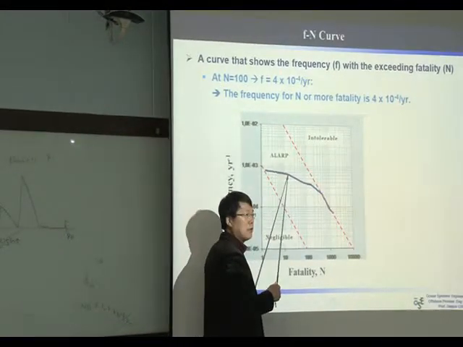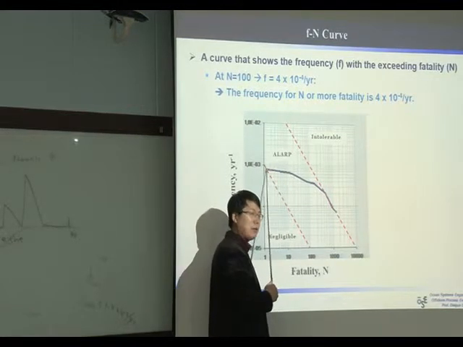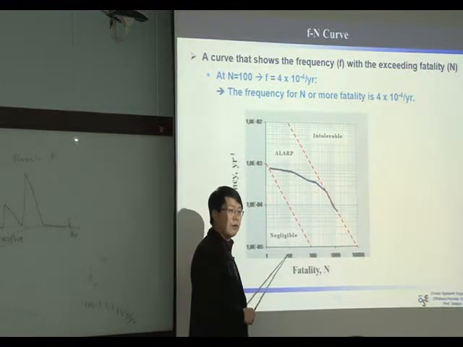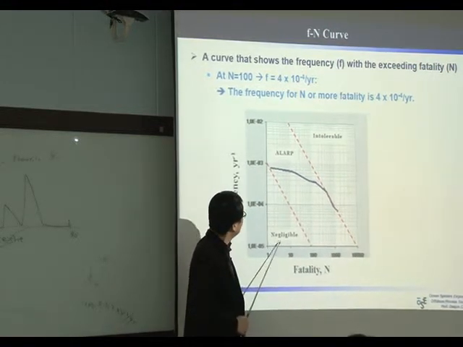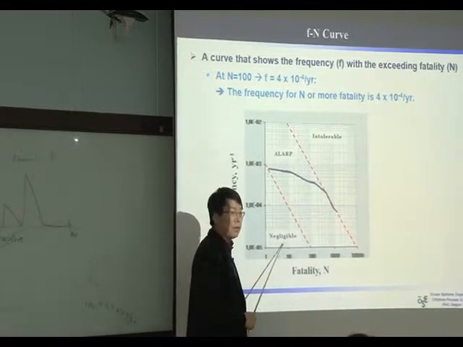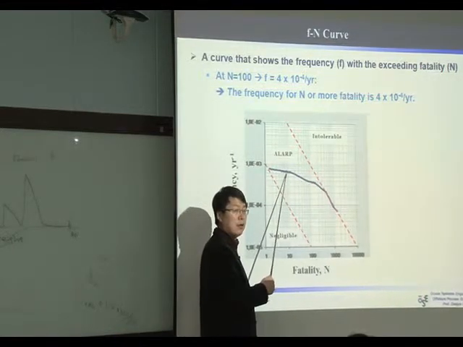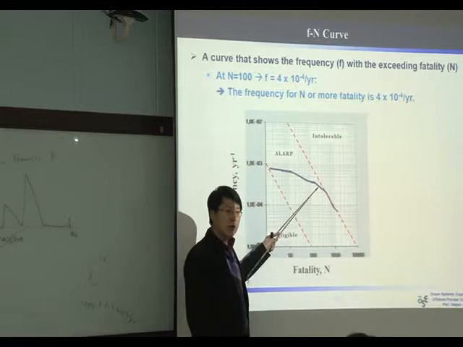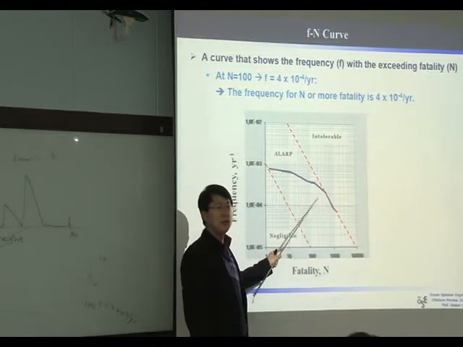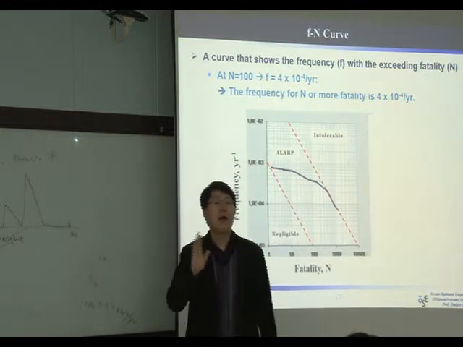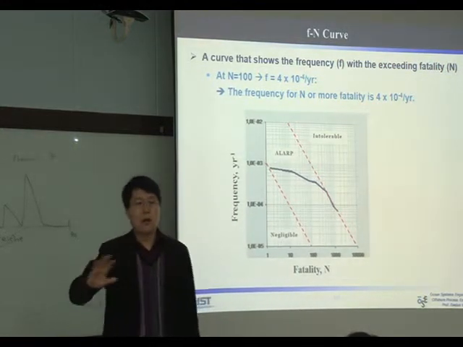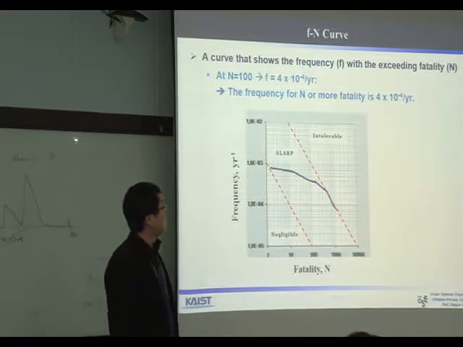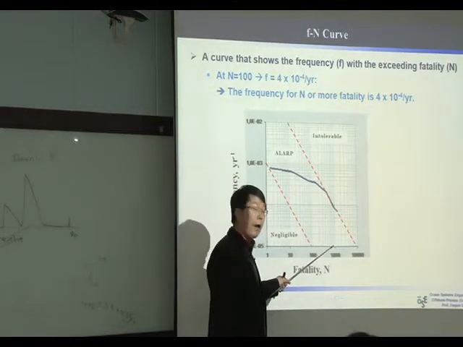So the graph is only the plot. What does that mean? Events causing 1, 2, 3, 4, 5, 10 fatalities have a small frequency. If there are many, the graph should be steep. So we can have a big picture of the fatality distribution. There are events.